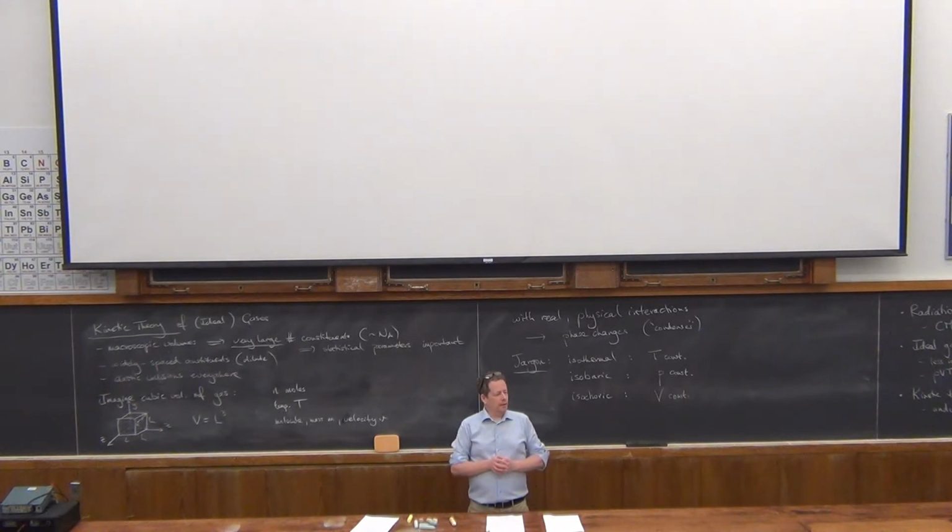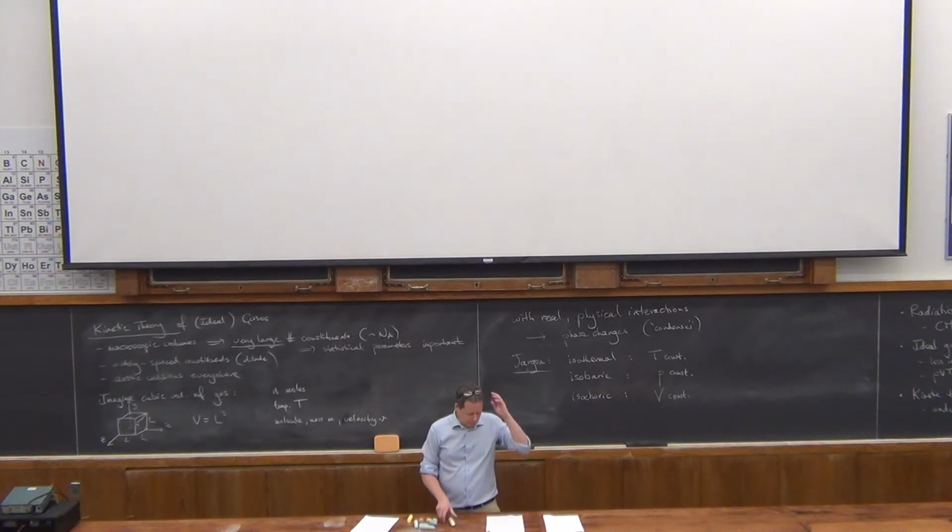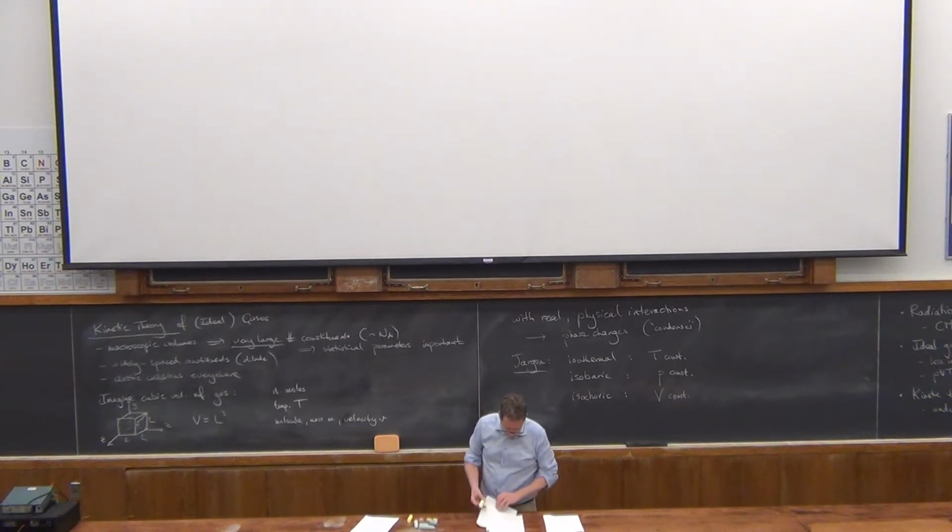As they hit the walls of the container, if they're elastic collisions, they bounce off. We're going to analyze that very simply in just a moment. There's some momentum impulse as they bounce off the walls. You average this over zillions and zillions of molecules, and it corresponds to a net force. Force divided by area gives the pressure. And as you might imagine, the faster they're moving, the more of an impulse they impart, therefore the pressure is bigger. So that's basically what we're going to derive with a few lines of derivation.